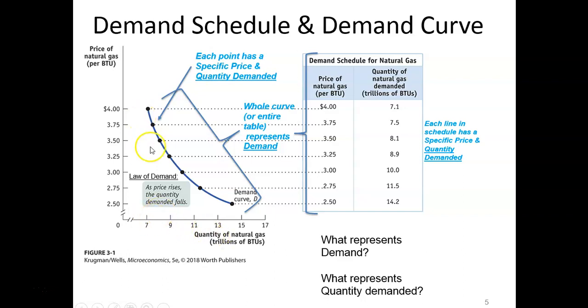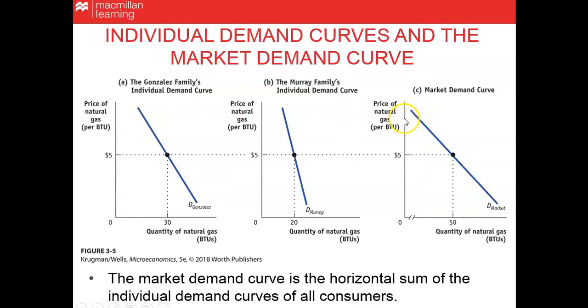You can see that from the graph. But from the table, you can see it more specifically, so 7.5. So each point gives you a price quantity demanded combination. Each line on the table gives you a price quantity demanded combination.